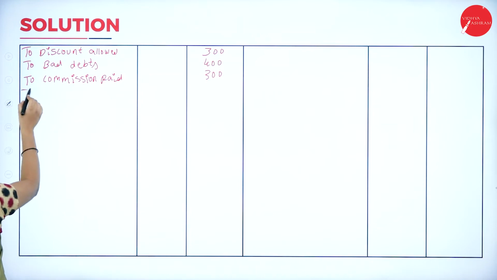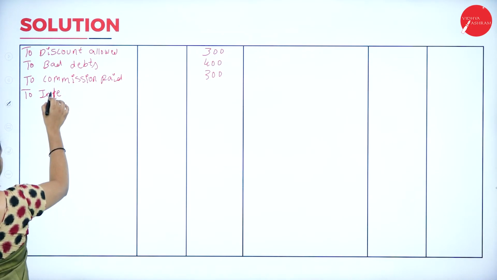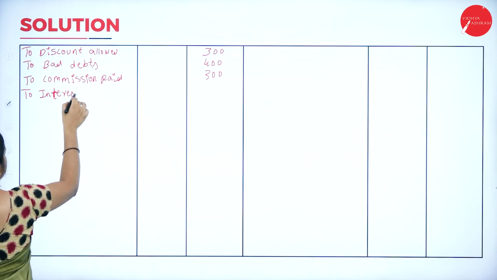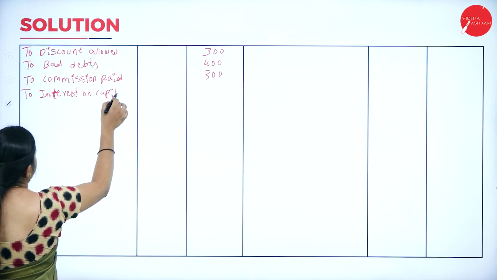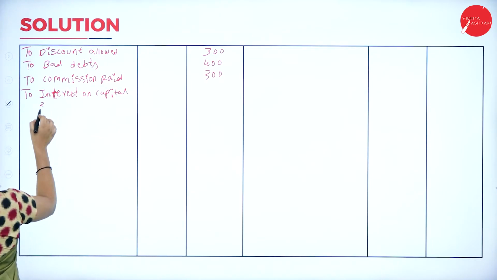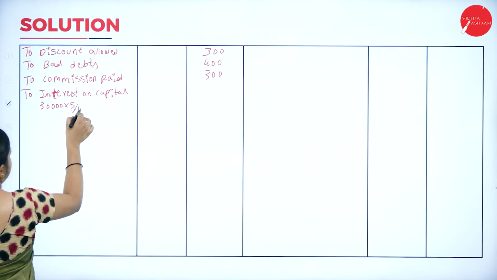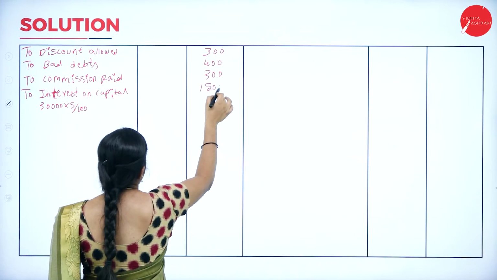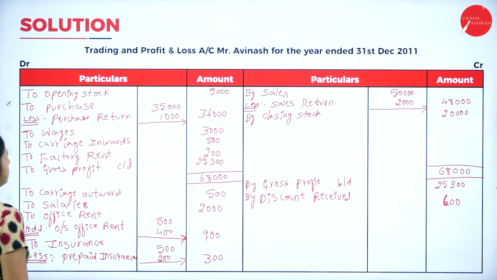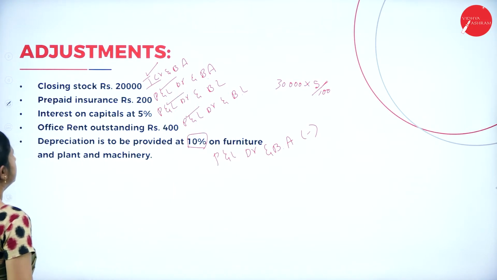So write to interest on capital, that is 30,000 into 5 by 100, 1,500. We'll consider this.